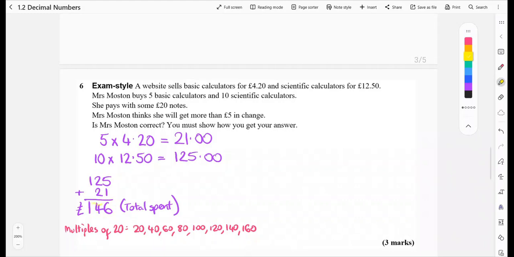So Mrs. Mostyn, she spent £146. It's clear that she didn't use £140 worth of £20 notes, because that wouldn't have been enough. She must have spent £160 in £20 notes in order to get the change. So we can now write Mrs. Mostyn used £160 in £20 notes.